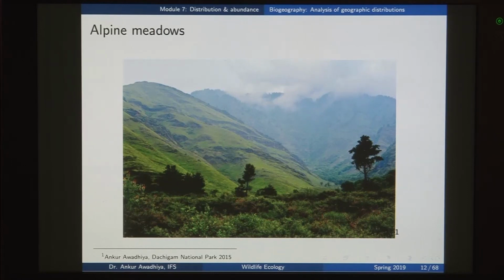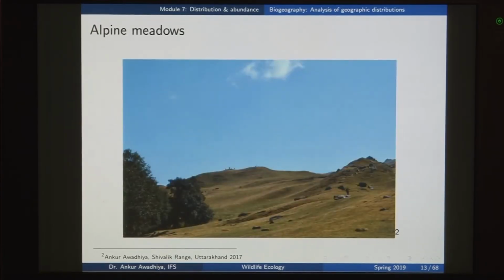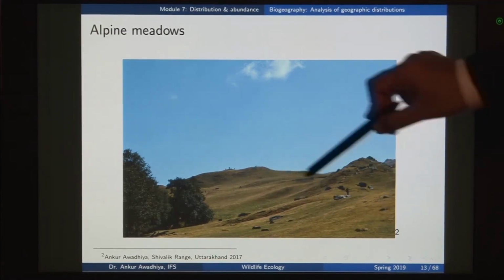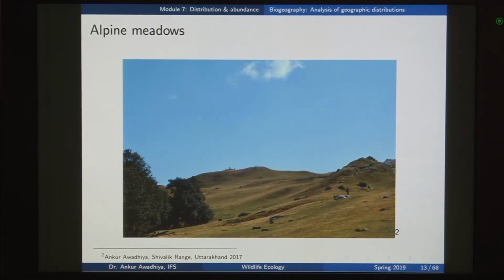So, these are the kinds of correlations that we will make in the case of biogeography. Now, alpine meadows are found in Jammu and Kashmir, and also in Uttarakhand, and in a number of areas where you have hills, and typically you will find that the species are more or less common between these areas.